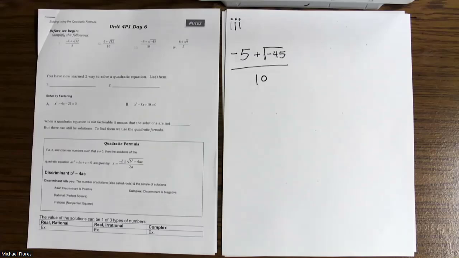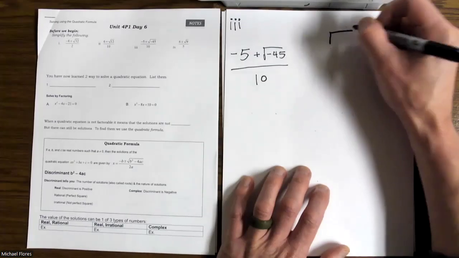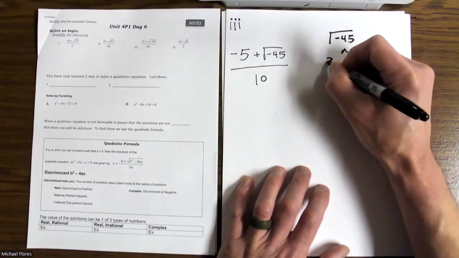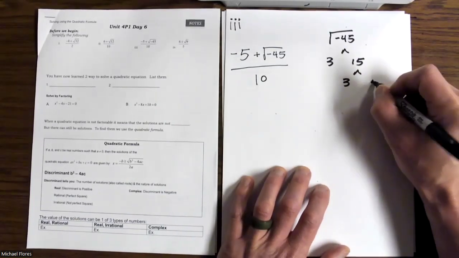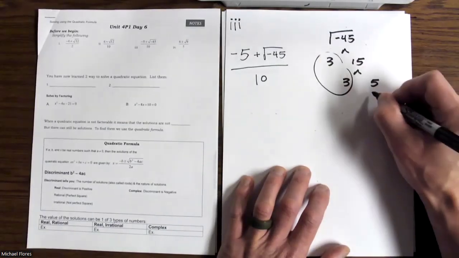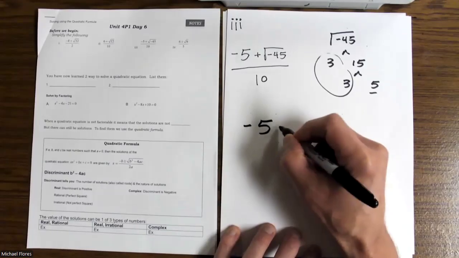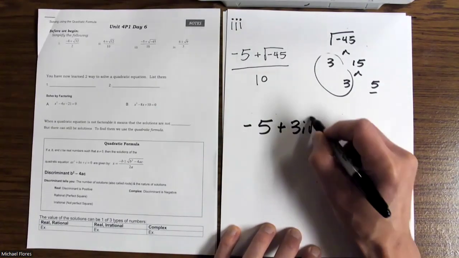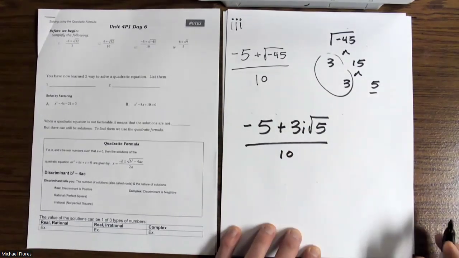Example 2 is more or less the same, so let's take a look at example 3 where it's a little bit different. This time we're taking the square root of a negative number. Let's start by reducing this bad boy. So this simplifies to -5 plus 3i root 5 all over 10.